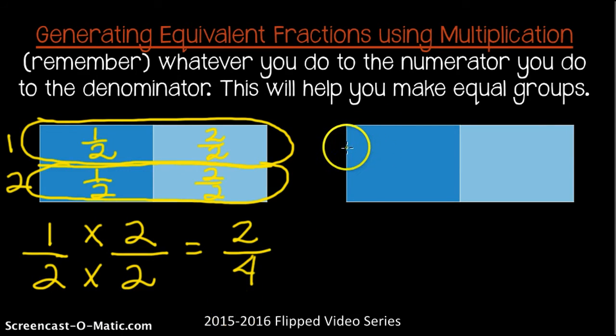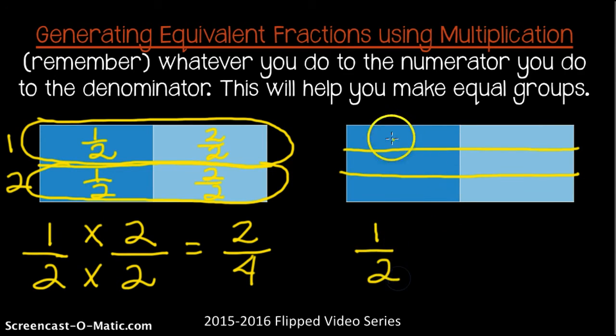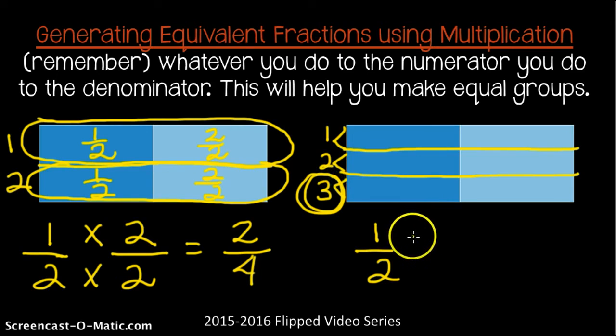Another equivalent, if I wanted to make 3 equal groups divided into thirds, I would do the same process, still taking my 1 half, and now since I have 1, 2, 3 equal groups, I'm going to multiply that by 3 to get another equivalent fraction.